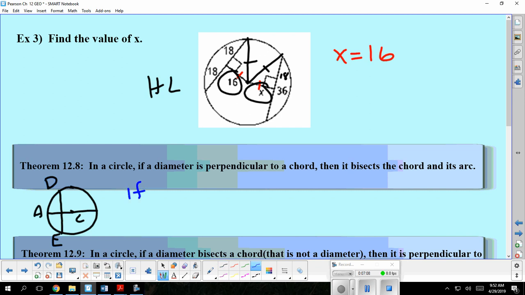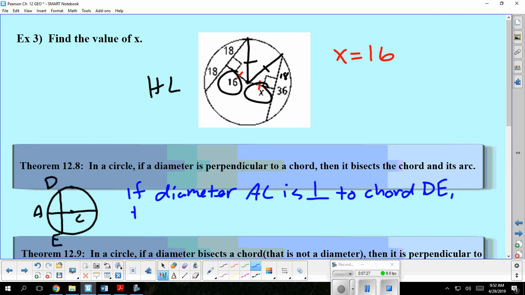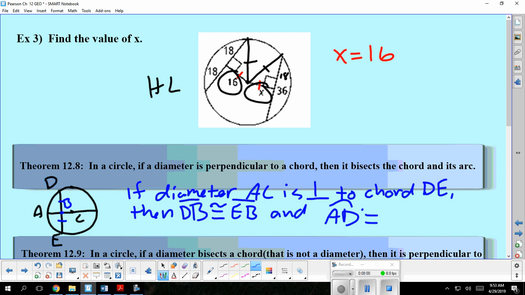If diameter AC is perpendicular to chord DE, and the intersection is B right there, then DB is congruent to EB, and arc AD is congruent to arc AE.